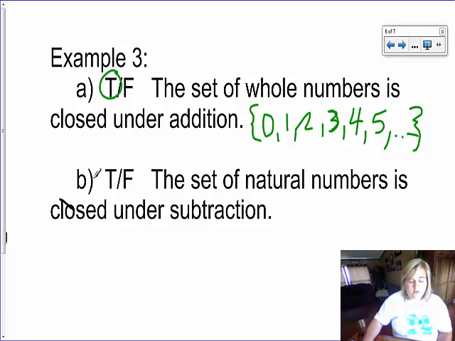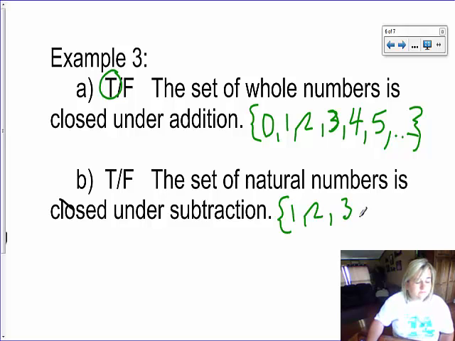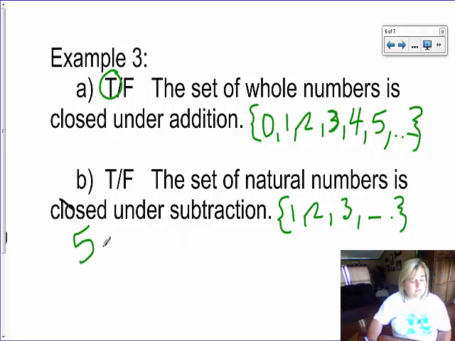On B, true or false, the set of natural numbers is closed under subtraction. Remember that natural numbers is another name for counting numbers, which is 1, 2, 3, and that keeps going. Okay, so if I take, let's say, 5 minus 2, 5 minus 2 gives us 3, we know that.